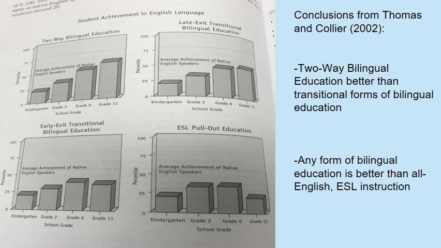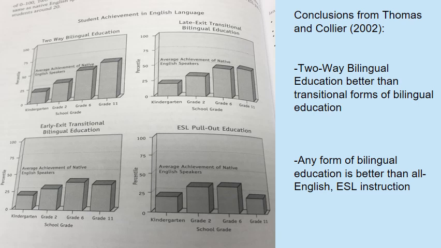And then finally you have the ESL pullout, and that would be where you would have students who receive ESL services. They would only receive instruction in English the whole day, but then for part of the day they would get pull-out support from an ESL trained teacher, and it would of course be only in English.